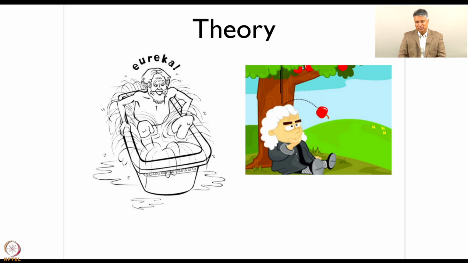On the right side, you have another interesting incident from history where you have this apple which supposedly fell on Sir Isaac Newton's head. Now, one would wonder, why does the apple fall down? Why does it not go up? Sir Isaac Newton wondered the same thing, and he pondered about it for a long time and came up with the laws of gravity.